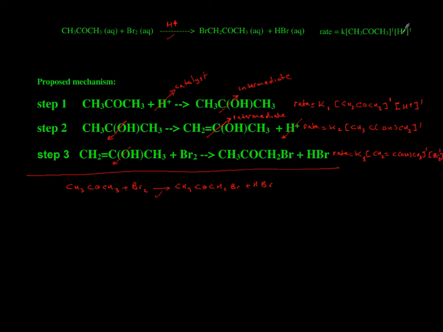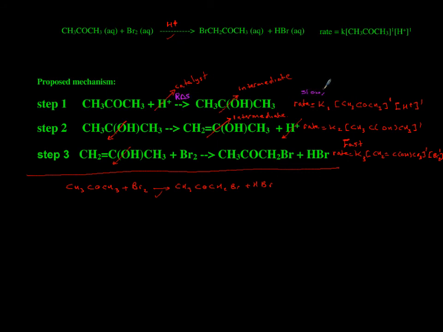Since I don't have bromine in any of the others, this should be fast. Since I see my first step is the same as my experimental rate law, I'm going to say this should be my rate determining step. So this reaction is the RDS. It's the slow one.